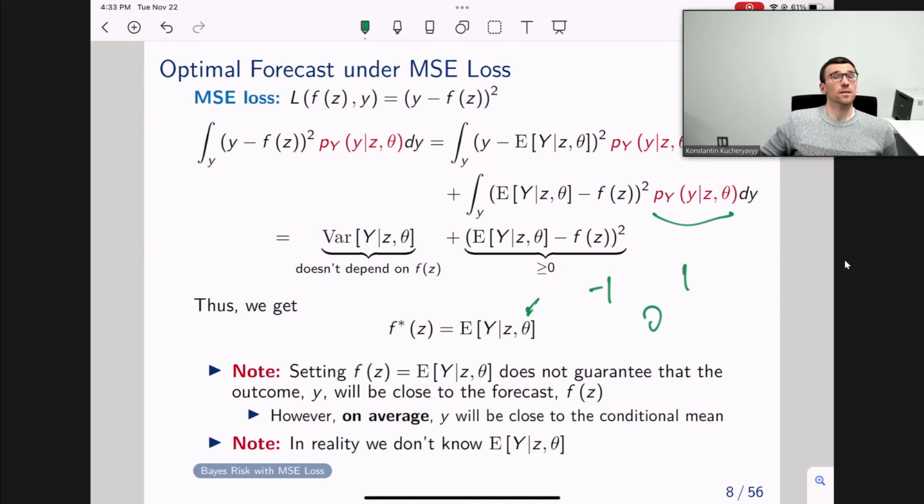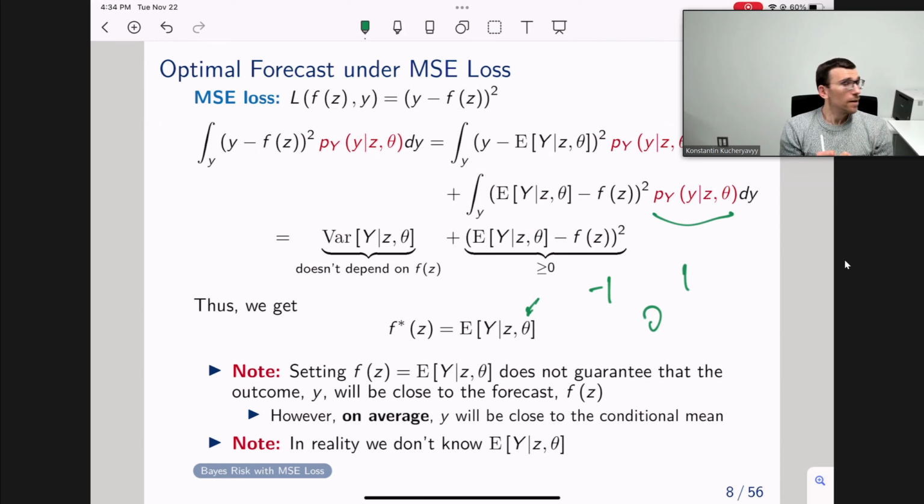That teaches you a lesson that when you're constructing a forecast, you are not necessarily forecasting the next value of y. You're forecasting some function of the distribution of y. Here it is the mean. And it can be never any of the outcomes, as in this example. But on average, we will be close to y.